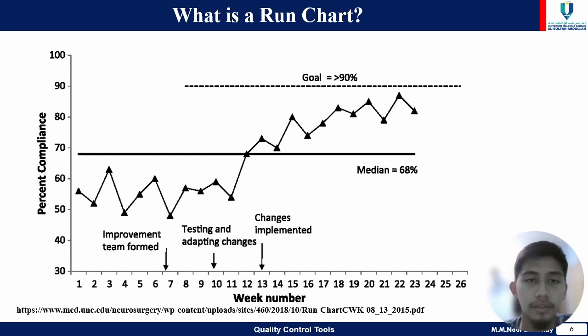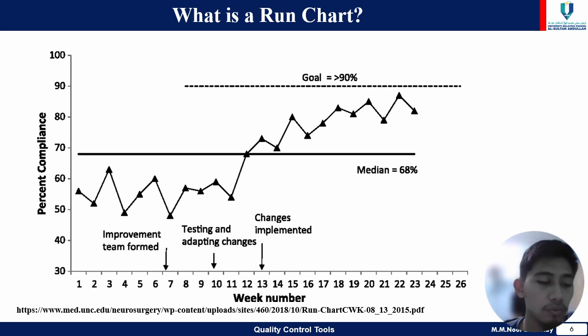This is an example of a line chart. This line chart shows how a process improved over 26 weeks. In the beginning, performance was low and stable. After an improvement team was formed and changes were tested, the process started to improve.